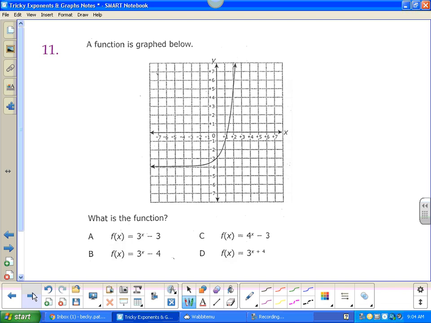Okay, now this one just wants to know what's our function. So let's check these out. Let's look at A. That'd be growth. Yeah, I like that. It would have started at 1 and then have gone down 3. No. This one would have started at 1.